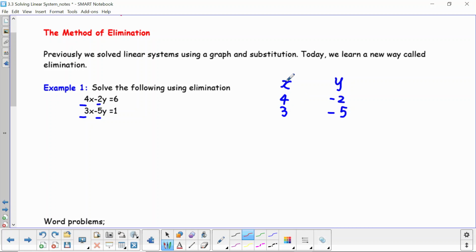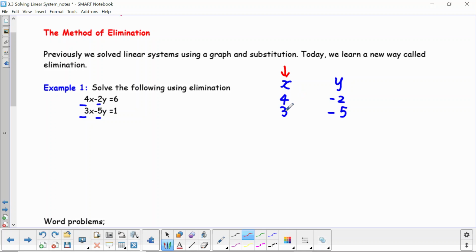The idea behind it is we want to get rid of one variable. How to get rid of one variable? We want to change the number in front of one variable to be the same, then subtract to get rid of them. So if we want to focus on the x variable, we want to change the 4 and the 3 to the same number by multiplying by a number to make them the same.